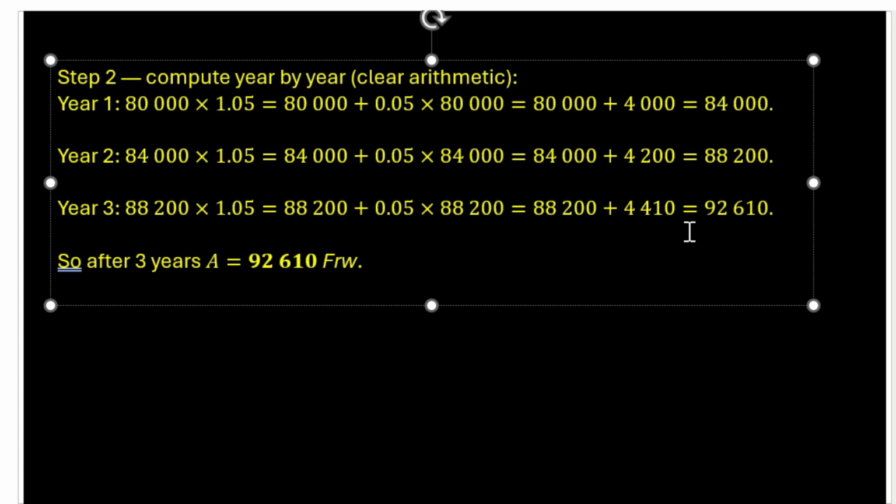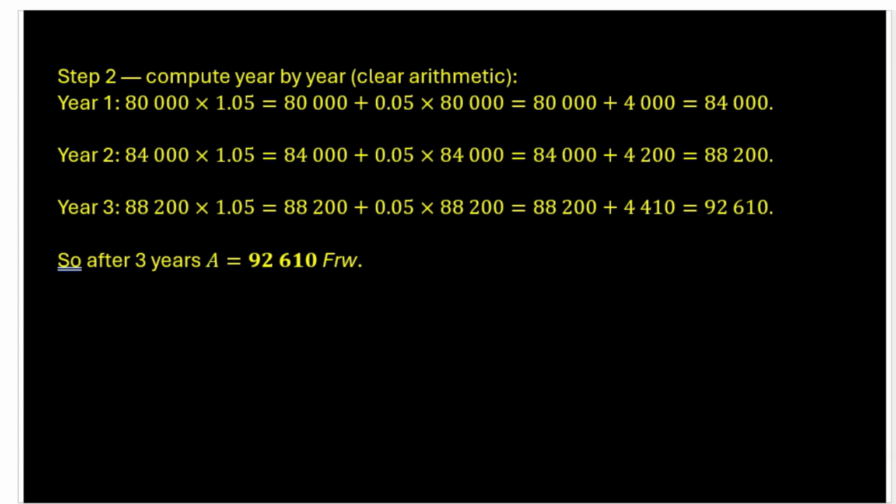The profit of that principal by having the compound interest will be equal to 88,200 plus the interest of 4,410. So we'll be getting 92,810 as the compound interest of these 3 years.